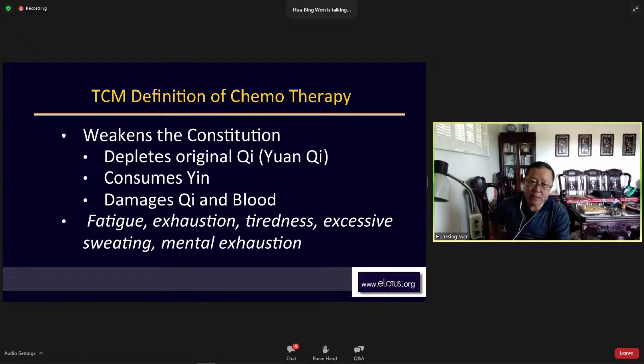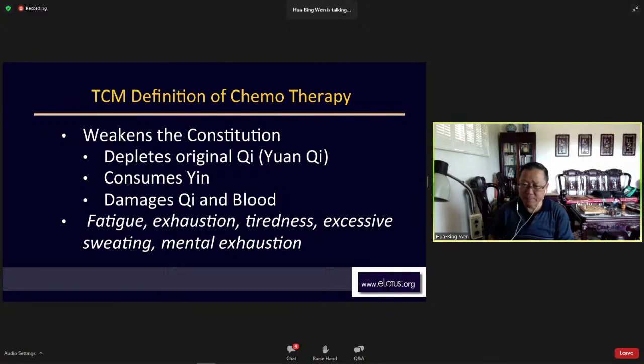So weaken the constitution, we're talking about, it can deplete basically the original qi, called the yuan qi. Consumes the yin, damages the qi and the blood. So this is basically the bone marrow suppression, because that's where the qi and the blood generate. So you suppress the bone marrow function, you have long lingering problems.